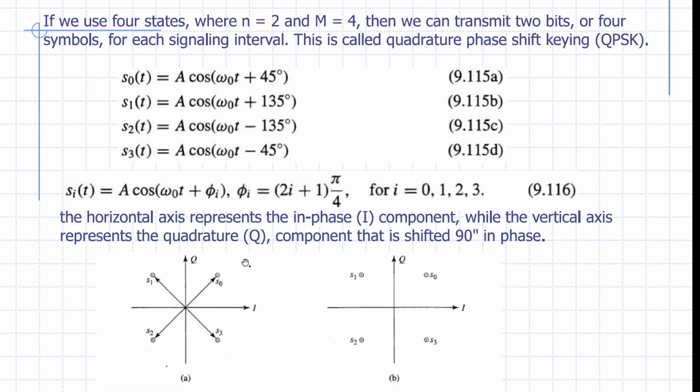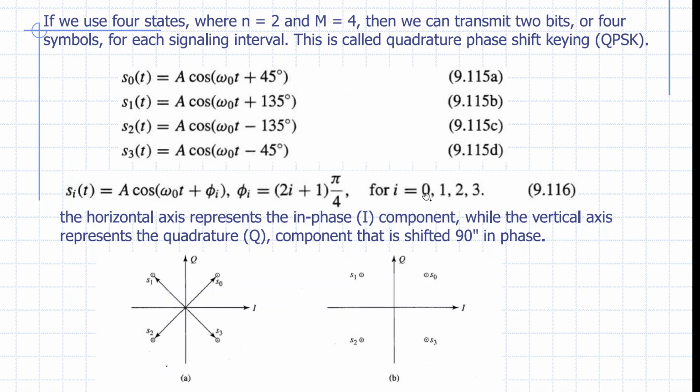So this is the constellation diagram. S0, that is plus 45 degrees, S1 plus 135, S2 minus 135 and S3 minus 45 degrees. Now S_i of t, I can write in a general form as A cos(ω0 t + φ_i), where φ_i is (2i+1)π/4.